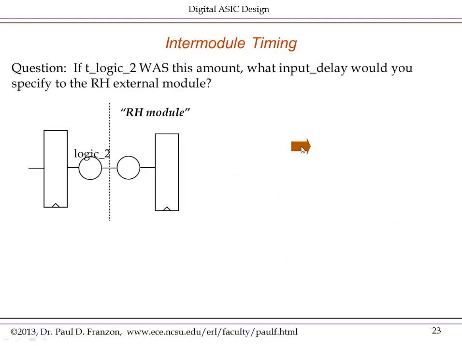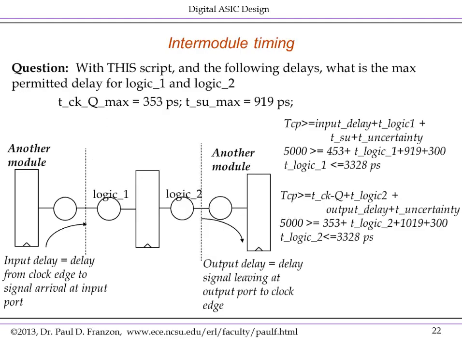Here's another question for you. If T logic 2 was actually this amount, and I was telling my neighbor who's designing the module on the right what to set for his or her input delay, what do I tell that person to set? I.e., this is the inverse problem of here. Here, this was someone else's module.